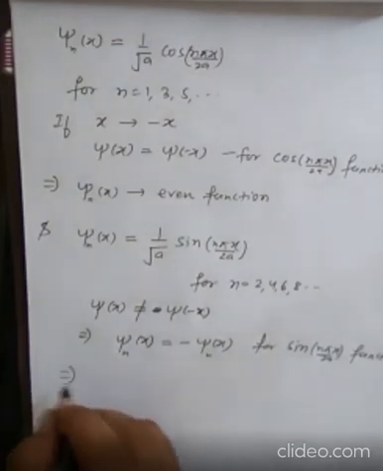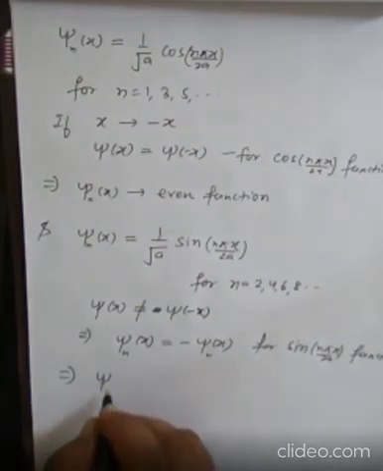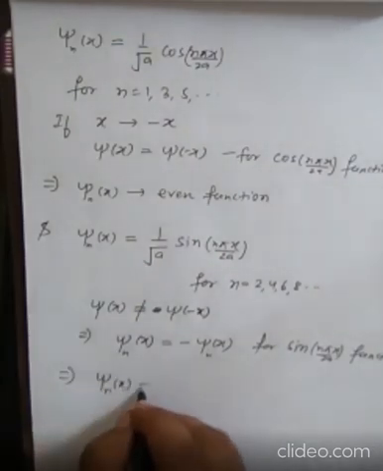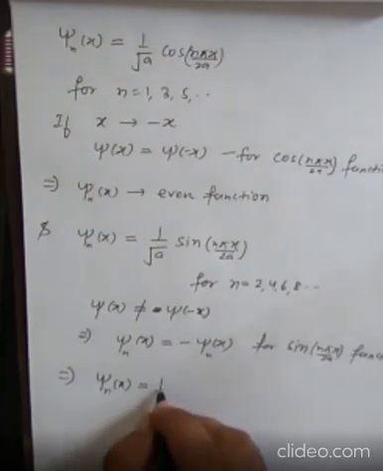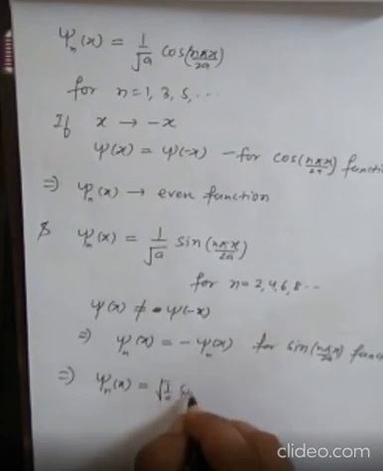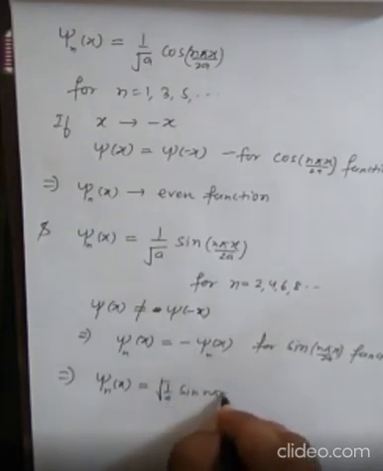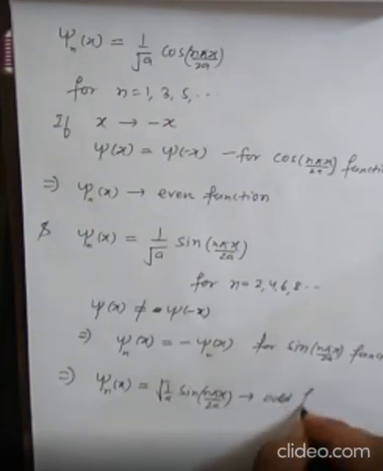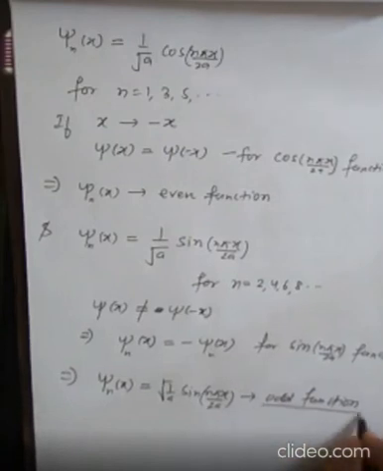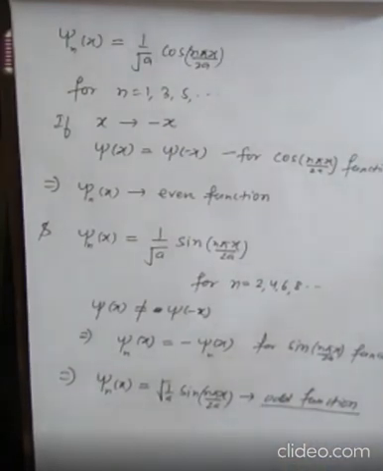Okay, it means the sin function, root 1 by a sin n pi x over 2a, is an odd function. Okay, so we are getting even and odd functions for this particular case.